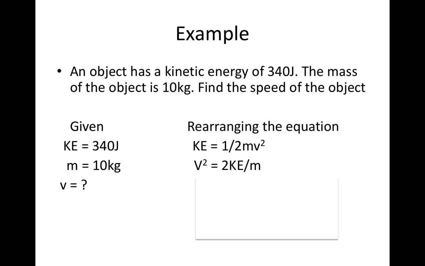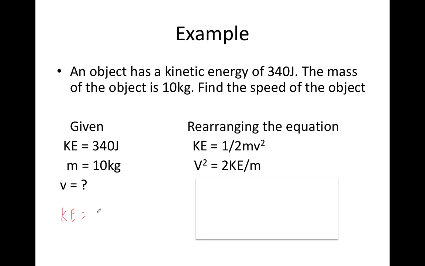Then what we have to do is rearrange the equation to solve for velocity. So I'm going to get v squared by itself on one side of the equation first. So it's KE equals 1/2 mv squared.